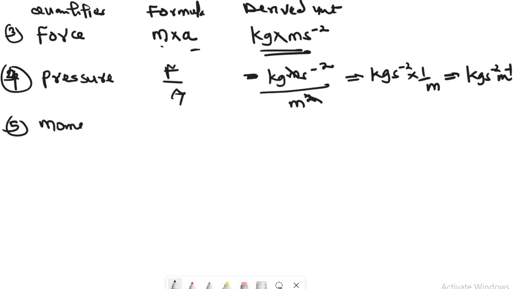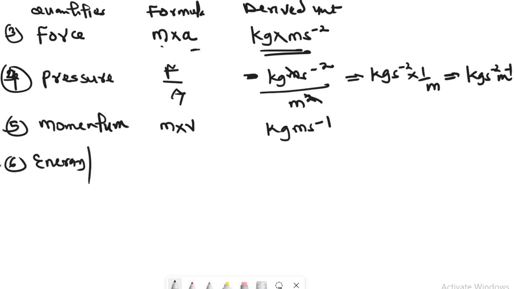Momentum. I'm going to give enough examples so you can apply it when you're solving past paper. What's the formula for momentum? Mass times velocity. The unit for mass, kilogram, velocity, meter per second. Now, let's see energy. Energy or work done. They have the same formula.